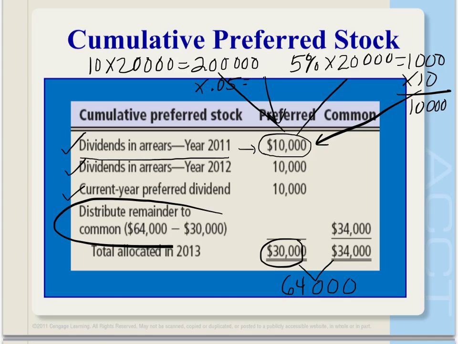The remainder goes to the common shareholder, which is $34,000. So even though the preferred shareholder was guaranteed a dividend, they're getting less than the common shareholder, which is one of the advantages of being a common shareholder.